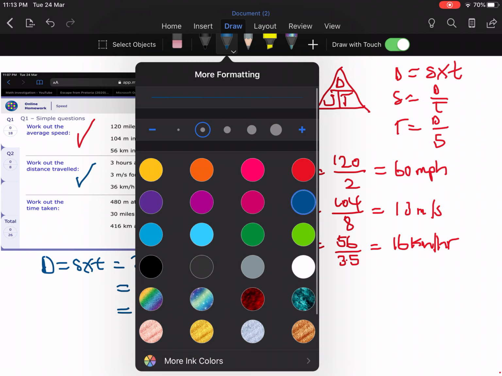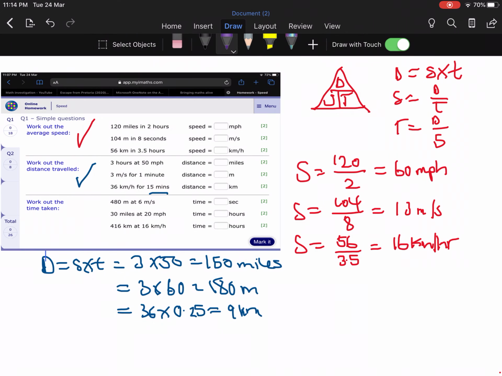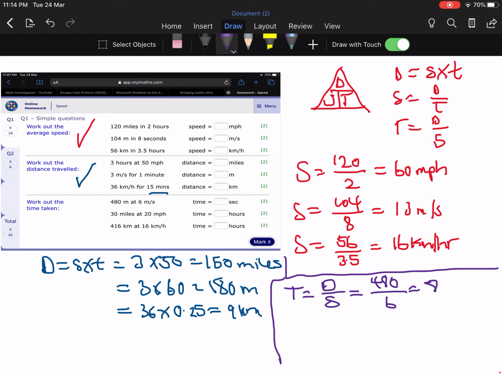And if we choose a different colour, purple, we'll do time is equal to distance divided by speed. So 480 divided by 6, which equals 80 seconds. Then we've got miles and miles per hour, so that's the same. 30 divided by 20, which equals 3 over 2, which equals 1.5 hours.